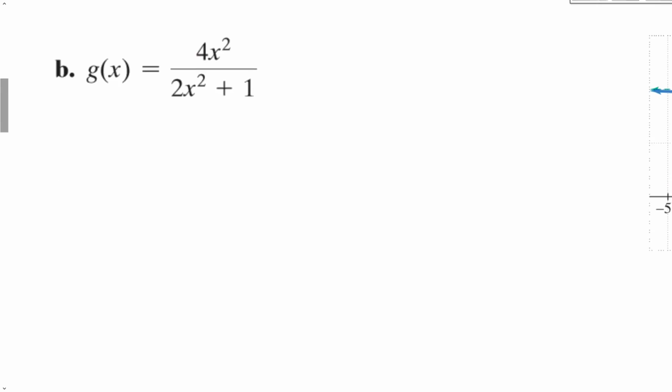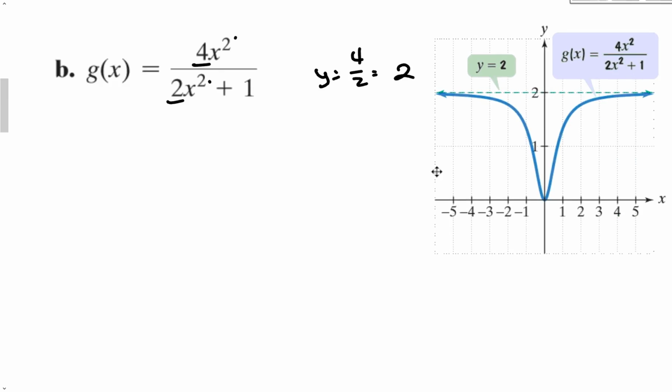Now for this function, we look at these two numbers and we see that they are the same, which means we take the two leading coefficients, 4 over 2, which gives me 2, which means that this function has a horizontal asymptote at 2.